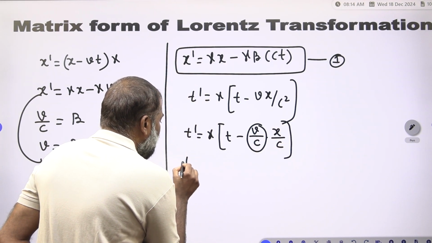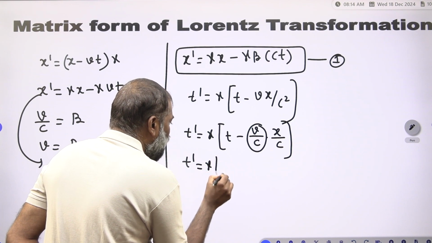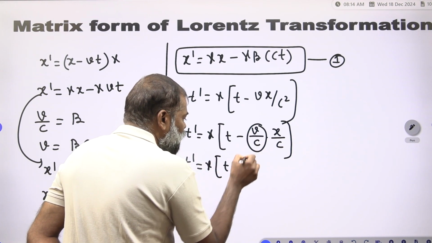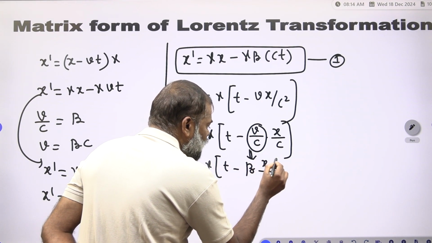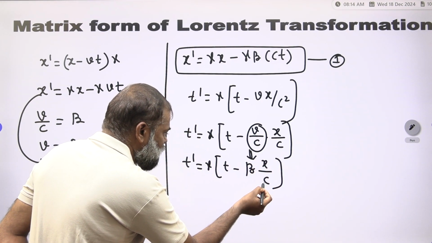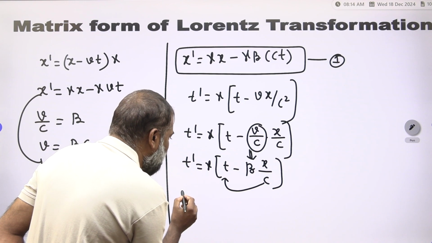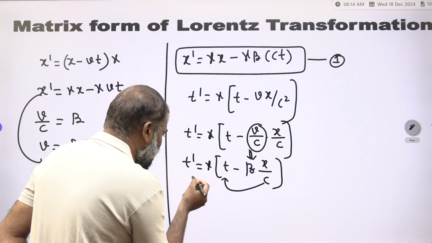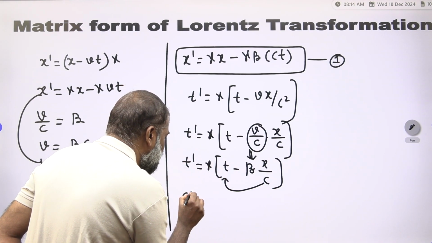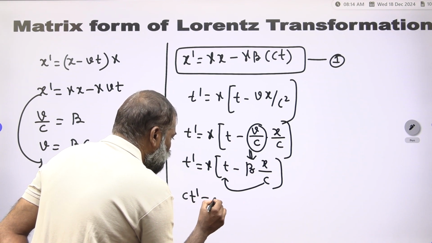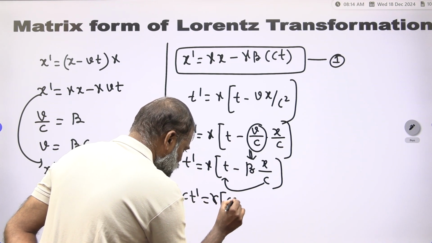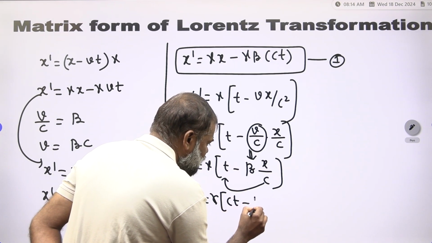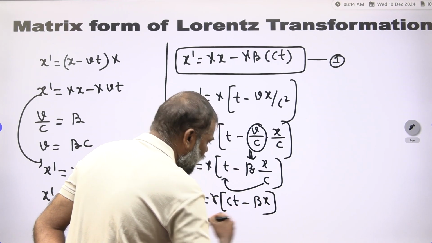So T dash is equal to gamma into (T minus beta x by C), clear. Now for this C you have to take the LCM, otherwise multiply all the equation with C. So C into gamma into (Ct minus beta into x).